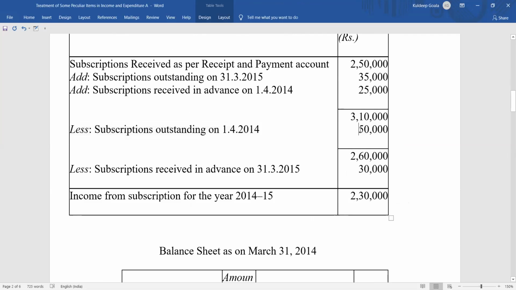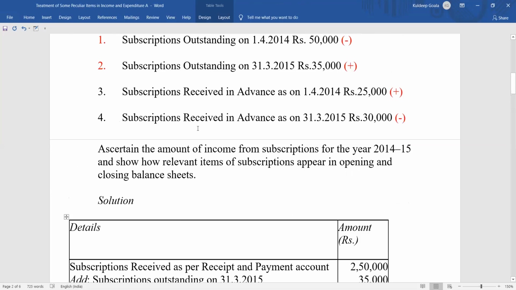Right. So what I will do, as I have taught you, is show these items in the inner column. There is some page setup problem, so I'll put it in brackets and show you one by one. That will also be okay, there's no problem in that. So once the deduction is done, it is 2,60,000. Then coming to the next item, subscription received in advance on 31st March 2015, 30,000.